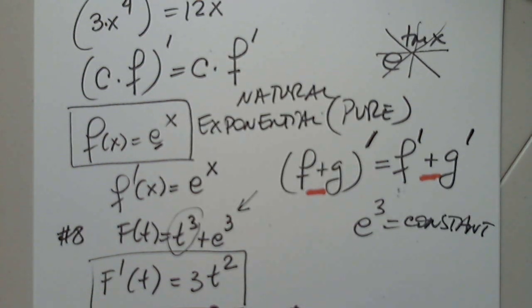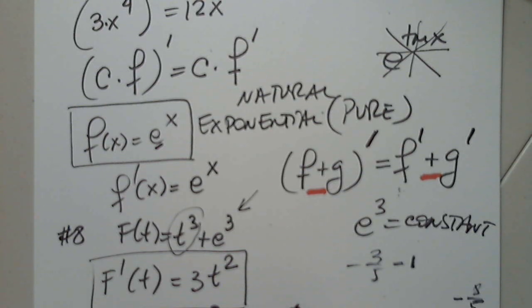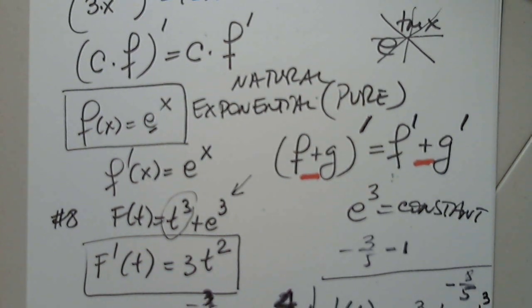Yes, but I have to bring negative 3/5 in front, and subtract 1 from negative 3/5, which will be negative 8 over 5. Perfect. And now, when I differentiate t to the 4th, what do I get? 4t. Yes, so positive 4t to the 3rd. So we bring down negative 3/5, and we subtract 1 from negative 3/5, negative 8 over 5, plus 4t to the 3rd.